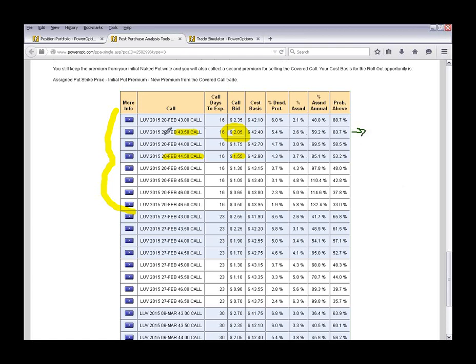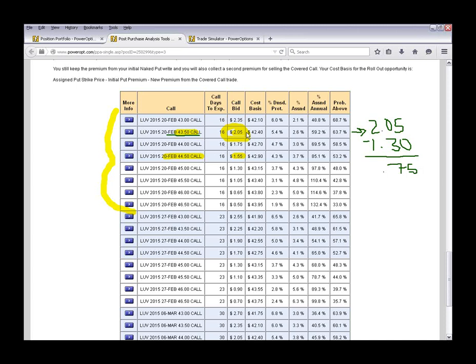I want to go over this again. The February 43.5 call, if we took assignment, and right now we sold the February 43.5 call for 205, remember the stock is currently trading at about 44.80. Let's call it $1.30 in the money. This is a call now, so it's in the money. So the time value for this option, our short call, is about 75 cents. That's the time value we're receiving.